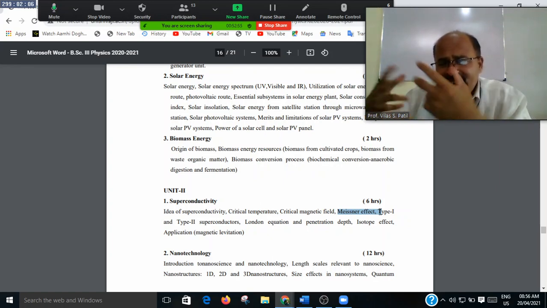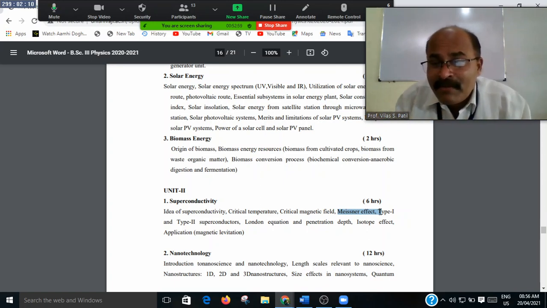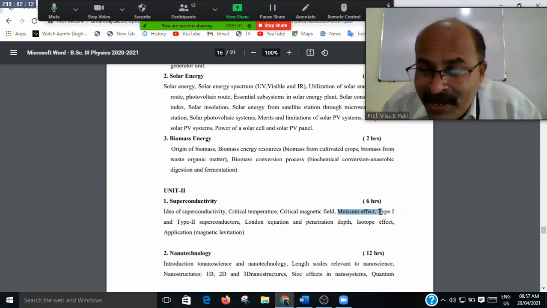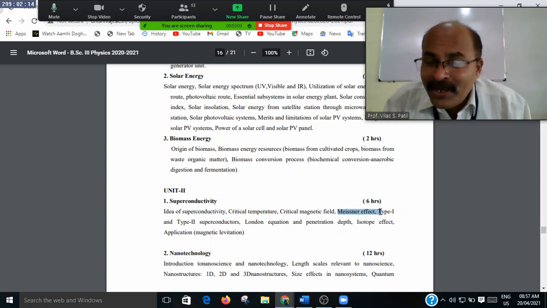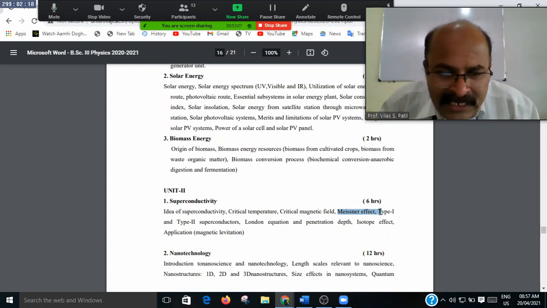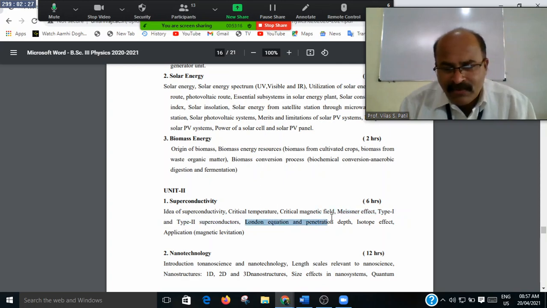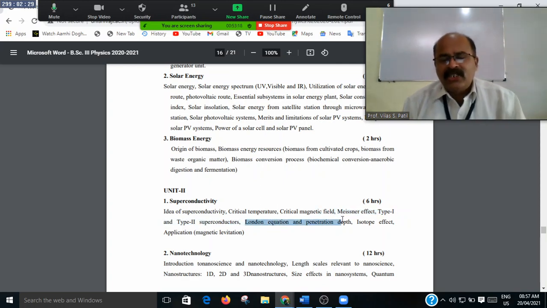That is the consciousness, गांभीर्यता, and it becomes high, it becomes deep. That will be known as a hard superconductor. Friends, इथं type first superconductor, type second superconductor, then London equation for the penetration depth.